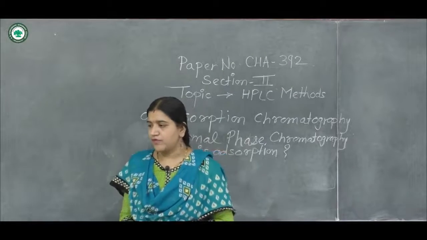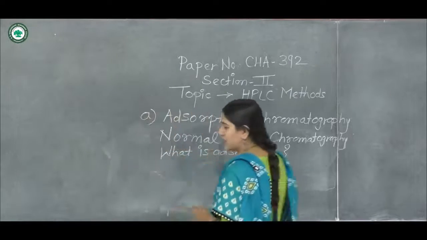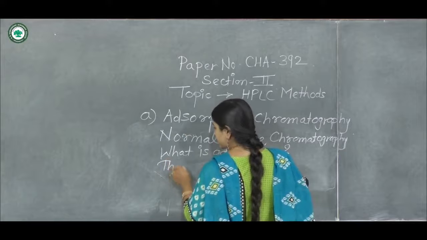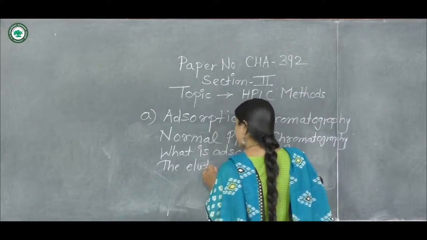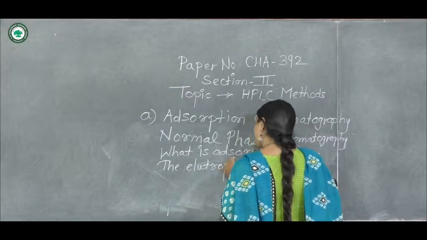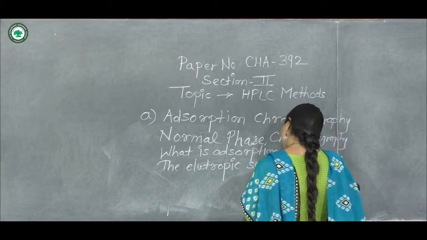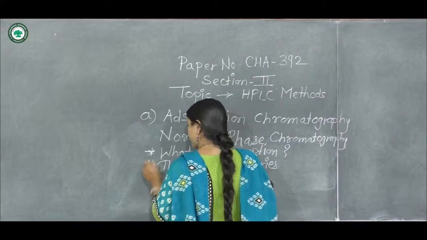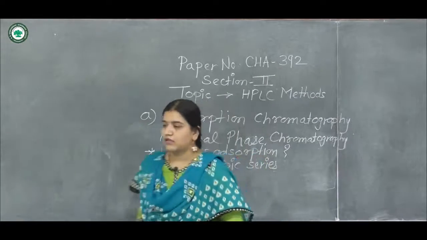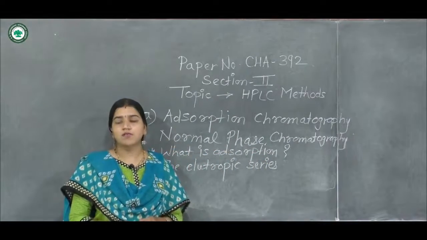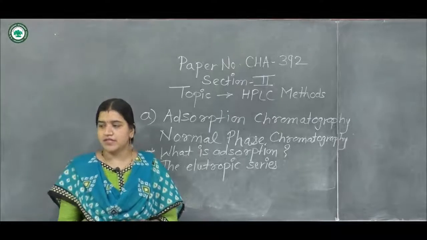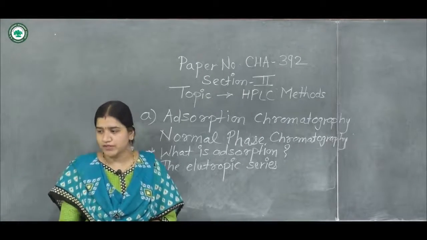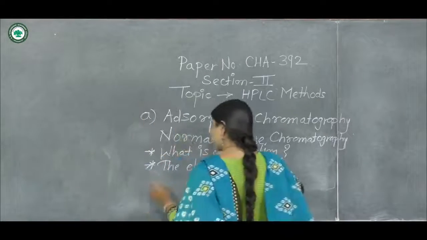Then the second point from the syllabus is the eluotropic series. Then the further point from the syllabus is the selectivity and properties of the mobile phase.